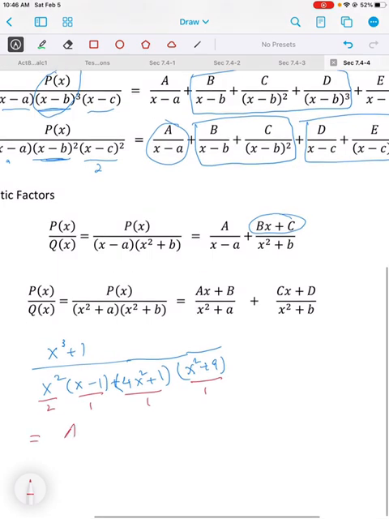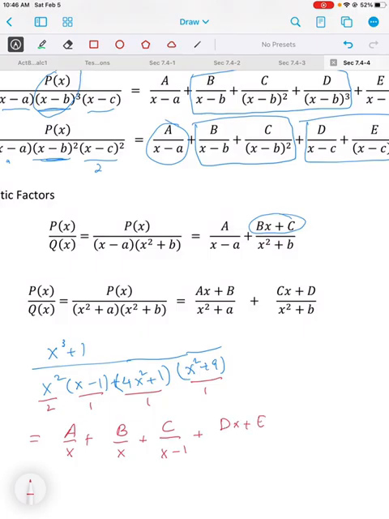You will say a over x plus b over x squared, so these are for the first one, and then the next one is also a linear factor, so c over x minus 1, plus, now the next one is a quadratic factor, so we will have dx plus e over 4x squared plus 1, plus fx plus g over x squared plus 9.